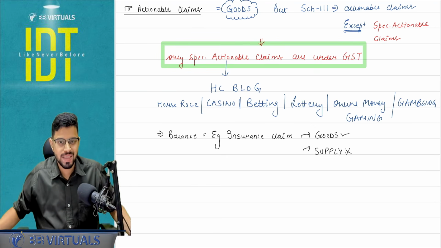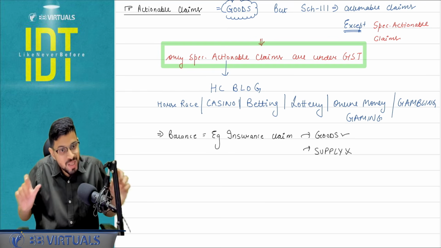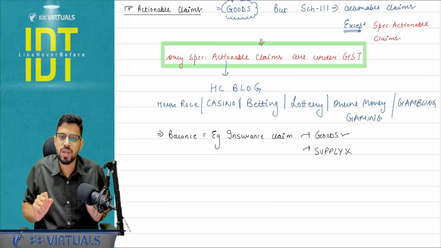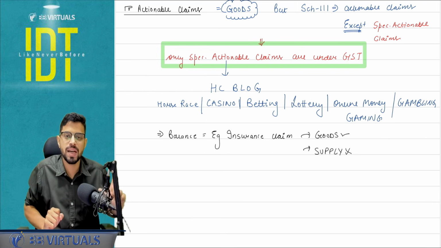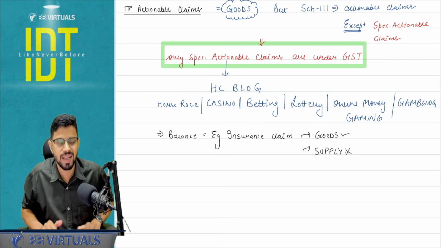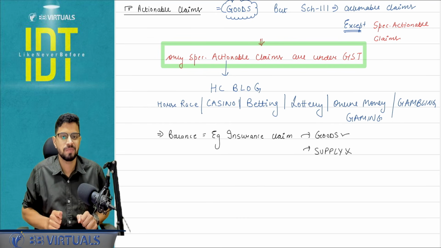If someone asks, is insurance claim an exempt supply? No, because it is not a supply itself. How can it be an exempt supply? If I'm not a student, how can I be a CA student? If something is not a supply, how can it be an exempt supply? These kinds of things are being asked in the ICAI exams now. You need to have the complete understanding.